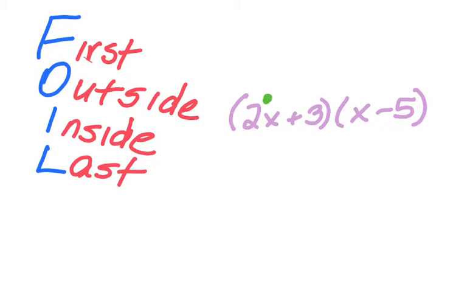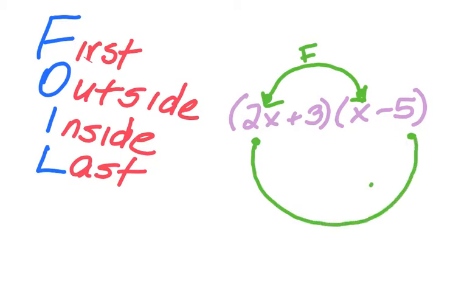So we're going to look at the first term in each binomial, and you're going to draw an arc and put an arrow on each end. And those are the first terms, so that is what our first means. The outside terms are the two that are the farthest away, and you're going to make a nice big smiley face, and those are the outside terms.